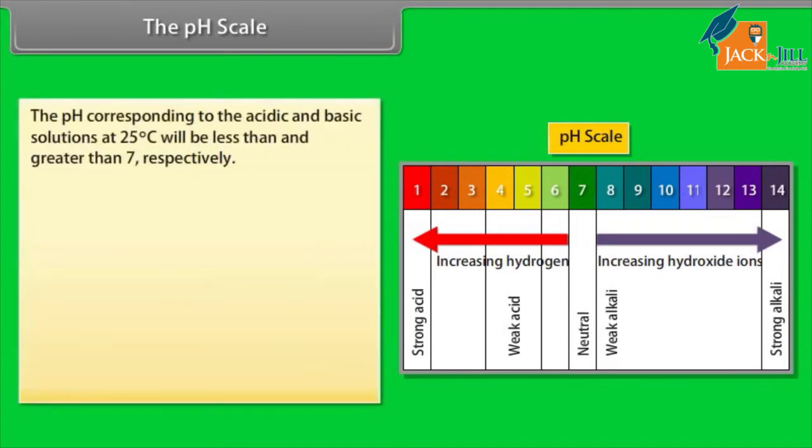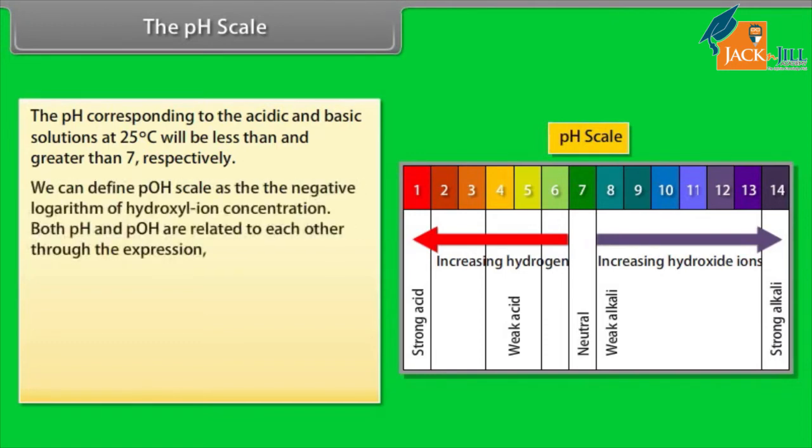The pH corresponding to the acidic and basic solution at 25 degrees Celsius will be less than and greater than 7 respectively. We can define the pOH scale as the negative logarithm of hydroxyl ion concentration.